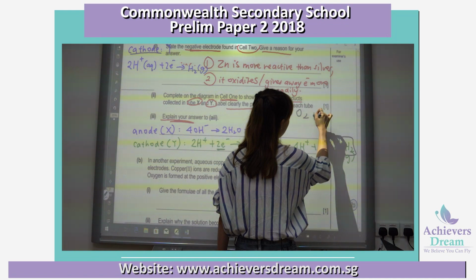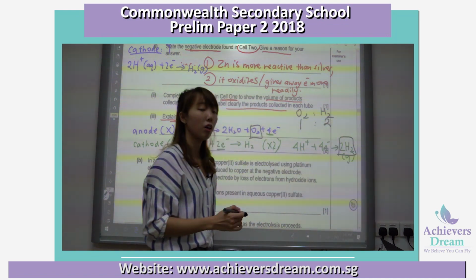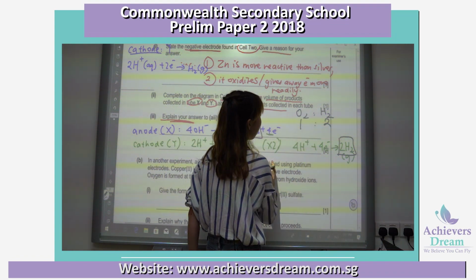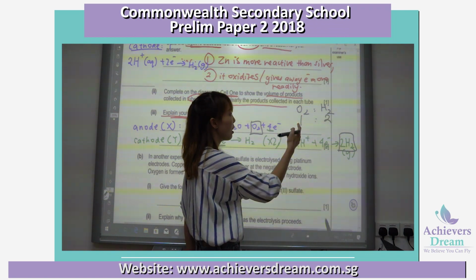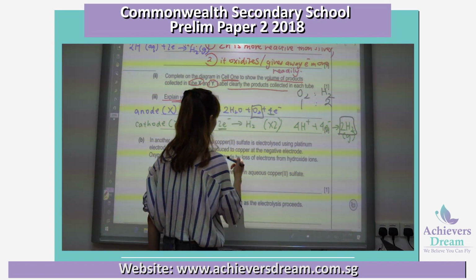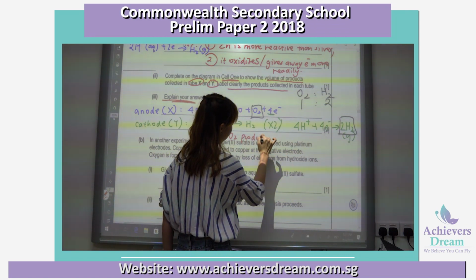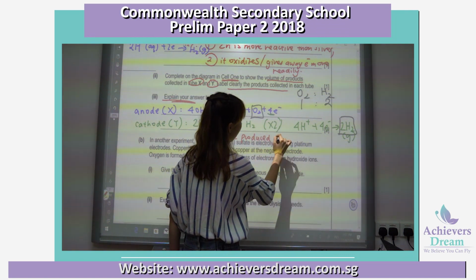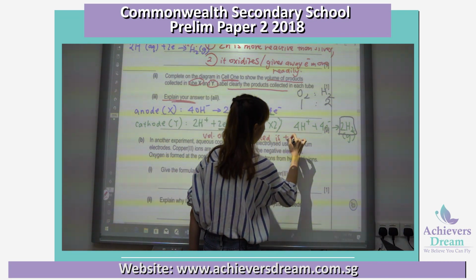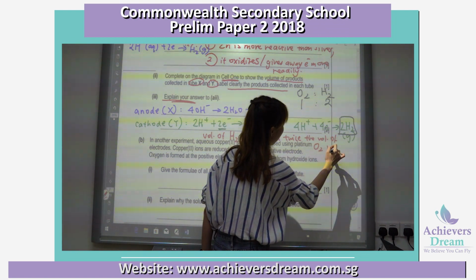So O2 is to H2, I have 1 is to 2 mole ratio, correct? So from this I can tell that the volume of hydrogen gas produced would actually be twice the volume of oxygen gas produced.